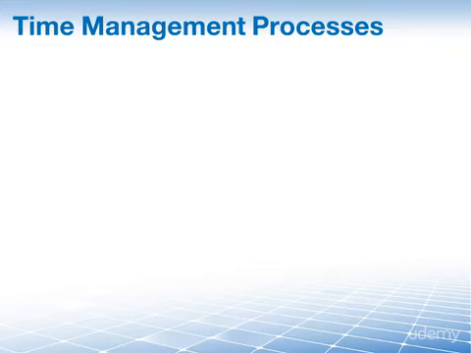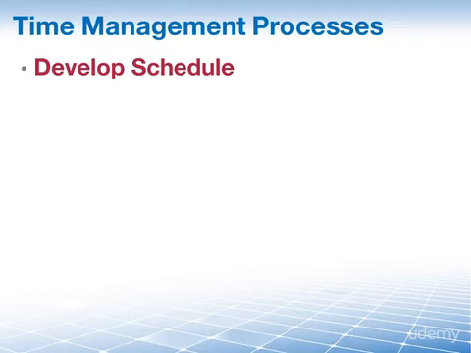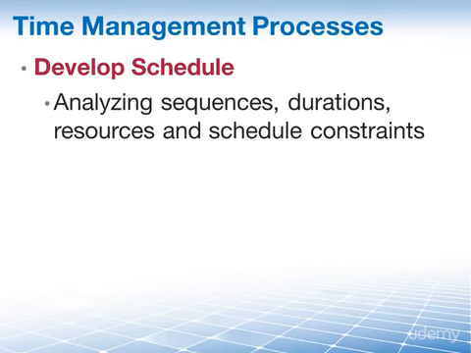At this point in time, we have everything ready to develop our schedule. We know what activities we're going to do, in which order we're going to do them, who's going to do them, and how long it's going to take them. So we can focus on the process of analyzing activity sequences, durations, resource requirements, and schedule constraints to create the project schedule model.